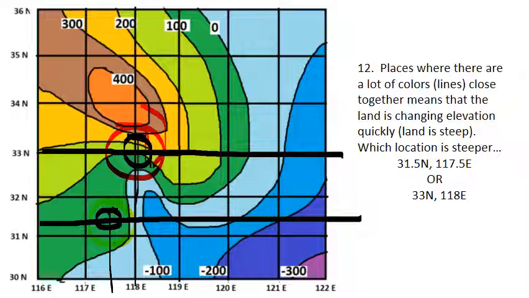So where you have a lot of changes in colors means you have a lot of changes in the land height, or a lot of changes in elevation. So the place where the land is steeper is that one there, because there's lots of lines, there's lots of colors, there's lots of change in elevation.